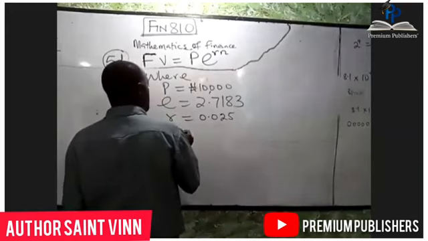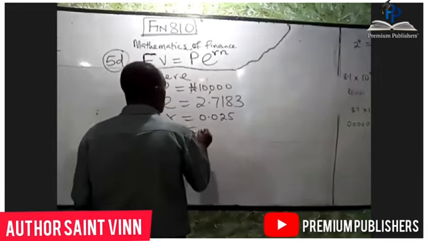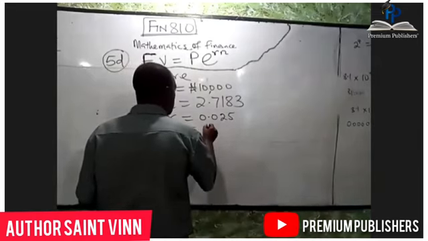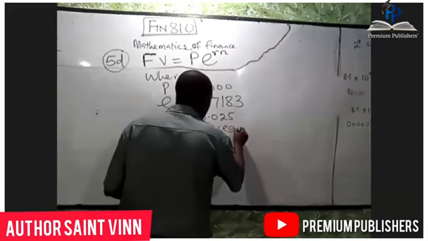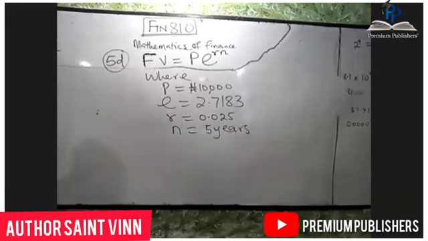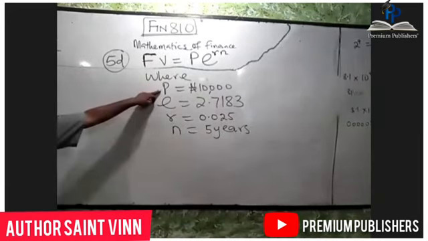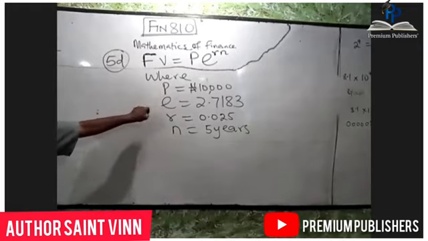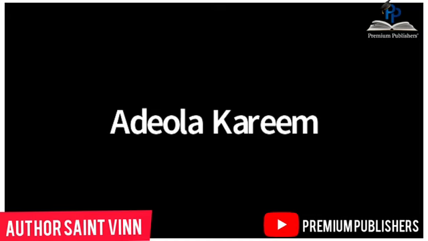You have N, which is 5 years. I hope everything is taken care of. We know this.